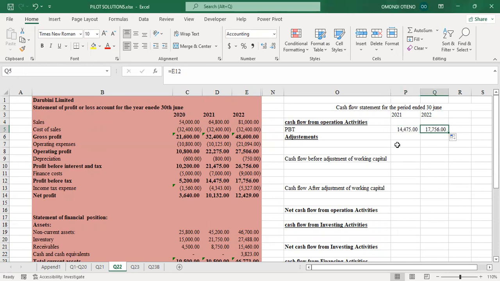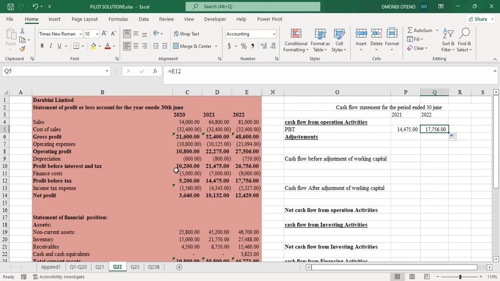Having gotten profit before tax, there are some adjustments which we need to do. These adjustments include taking away the non-cash items which were placed or which reduced our profit before tax. So one of the items which we are going to adjust or add back there is depreciation expense and also any interest that was charged.